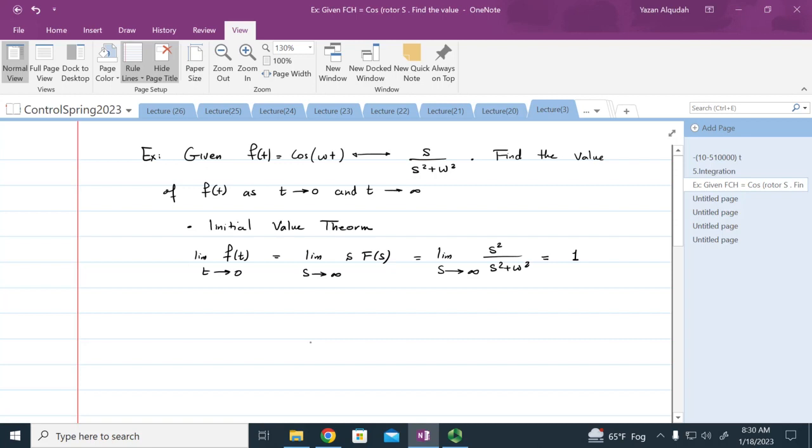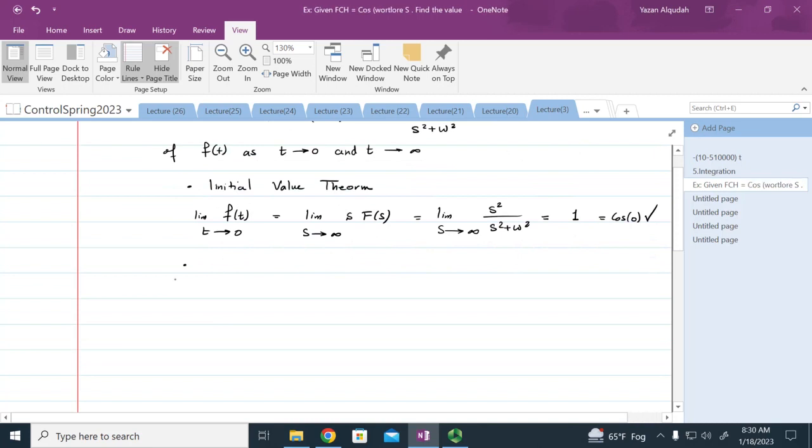Is this correct? How? Excellent, because we know cosine of 0 is equal to a 1. So this checks.